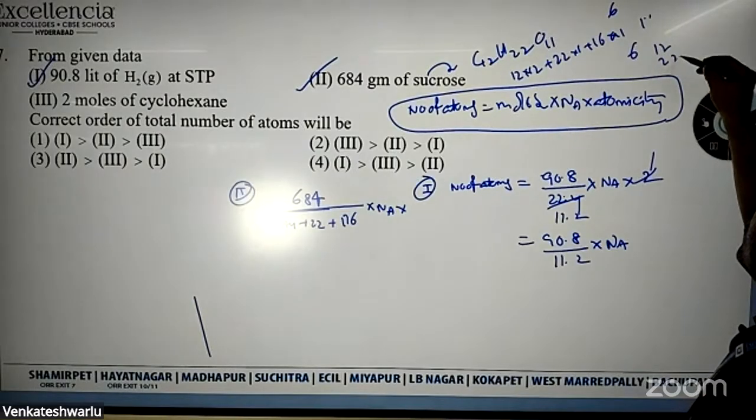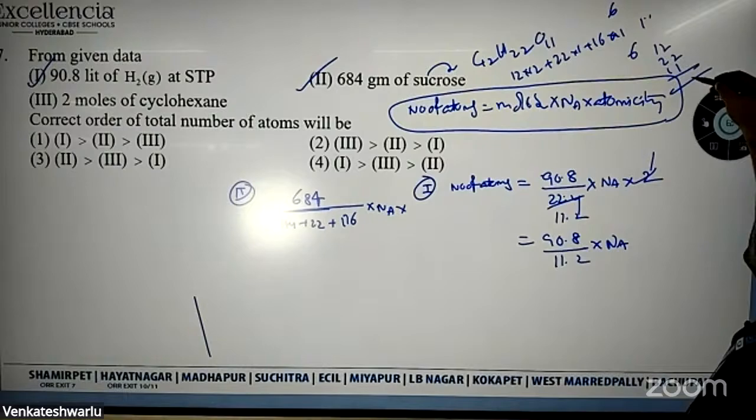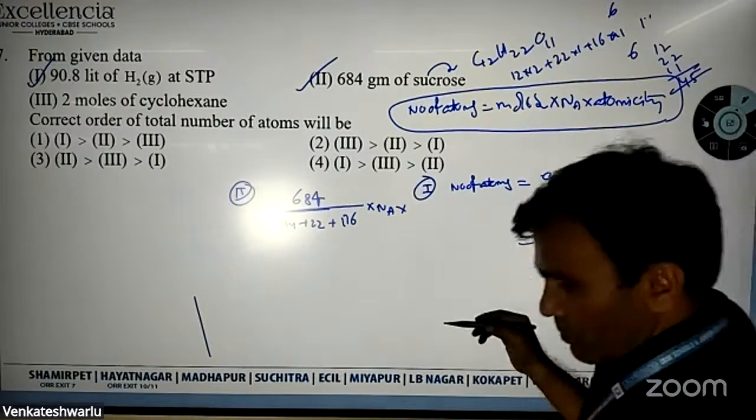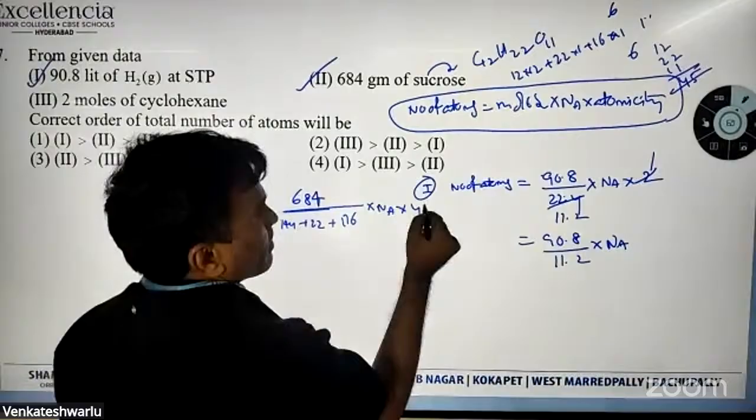So 12 plus 22 plus 11 is 45. Atomicity is 45.